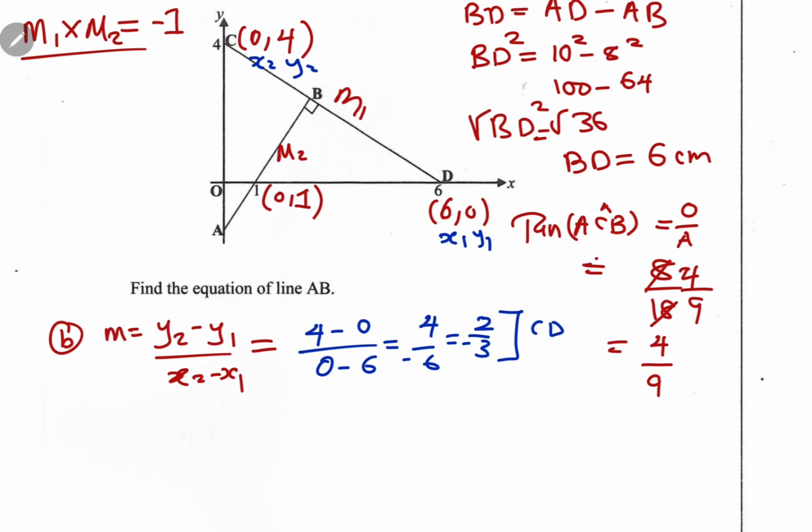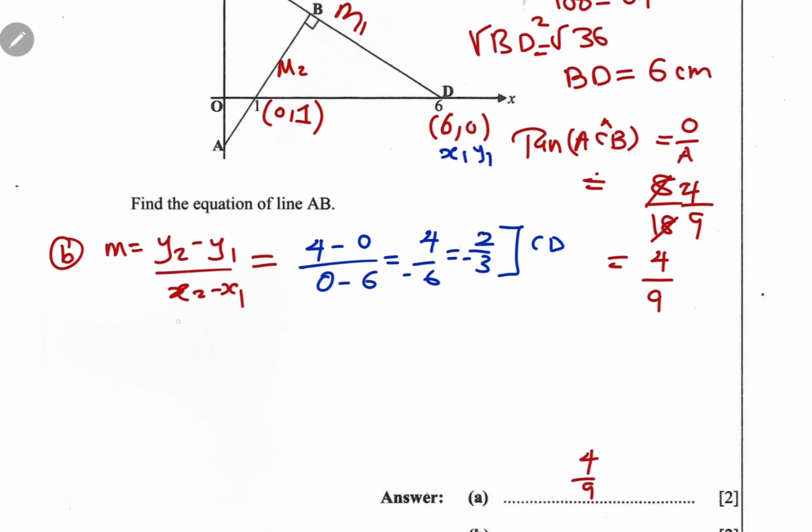This is the gradient for CD. Now, since they are perpendicular to each other, we need to find the gradient of AB. Okay, so gradient 1 multiplied by gradient 2 is equal to negative 1. So what is gradient 1? We are going to assume that is gradient 1. So negative 2 over 3 multiplied by gradient 2 is equal to negative 1.